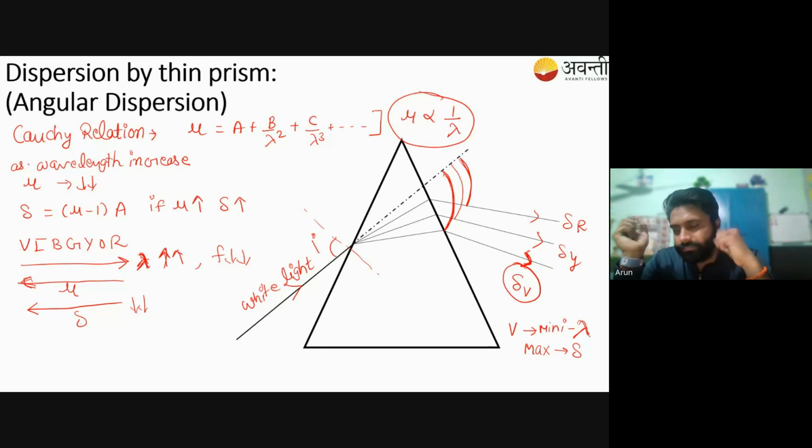Red. On the back side of any vehicle, what color do you have? Red. Why is it so? So that it is visible from far away, because it is not deviating. If you are far away, the light comes to you without so much deviation. Got it? This is the beautiful nature of light.